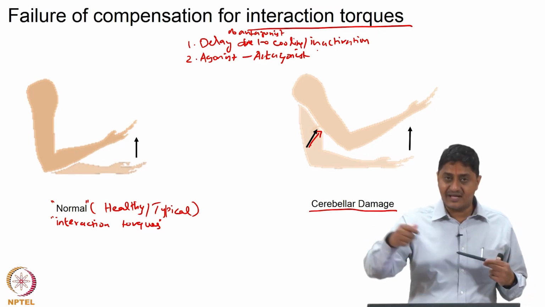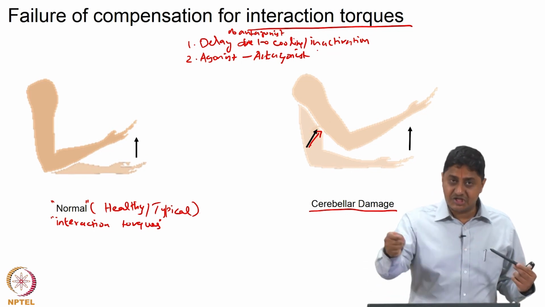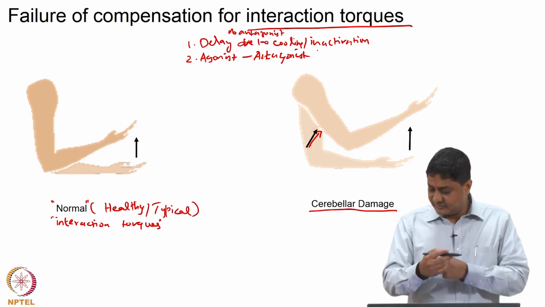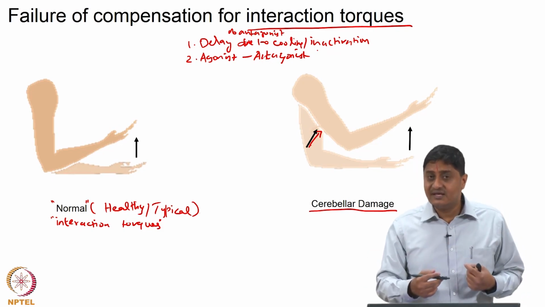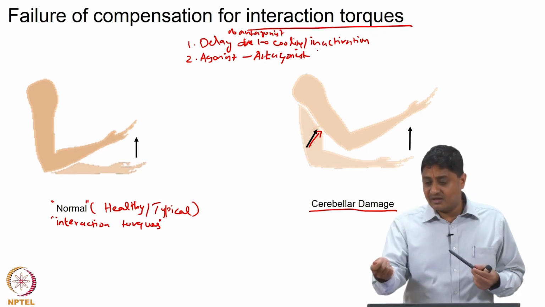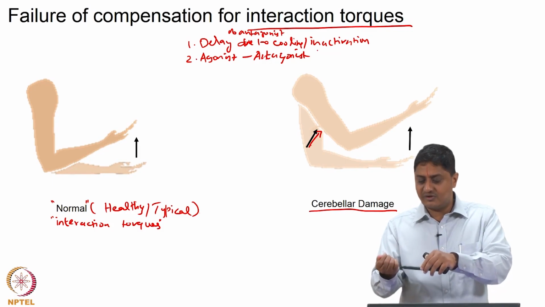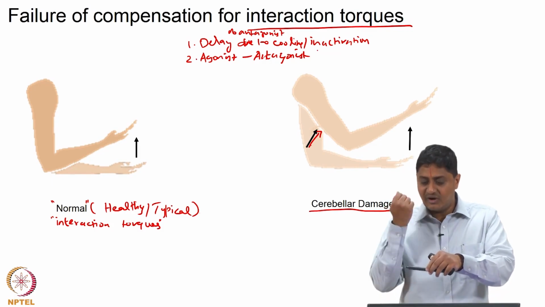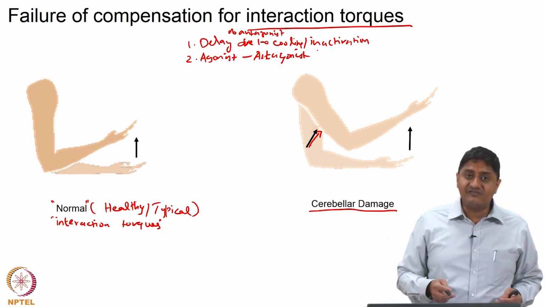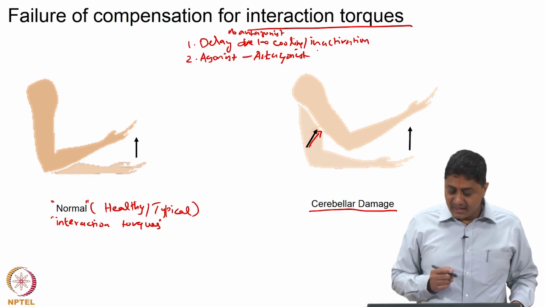When I am performing the extension movement, the extensor in this case is the triceps, but for me to come to a stop at the point where I want to stop, appropriately timed activity of the biceps is required, so I can stop smoothly.